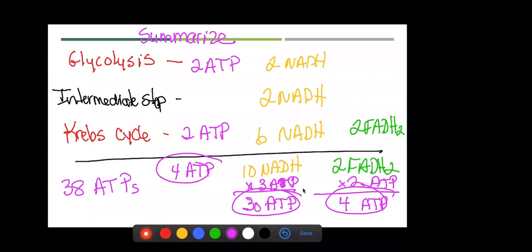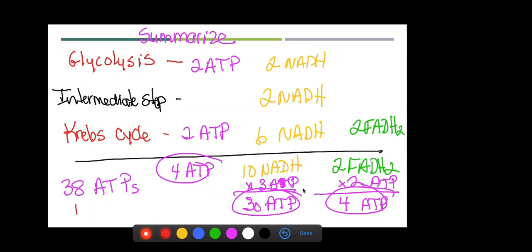Now, remember how I said that pyruvate is made in the cytoplasm and it has to get into the mitochondria. It gets in through an active transporter. The active transporter requires energy. And so there is a fee of 1 ATP per pyruvate.